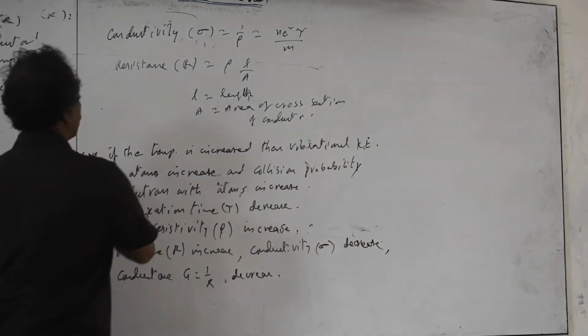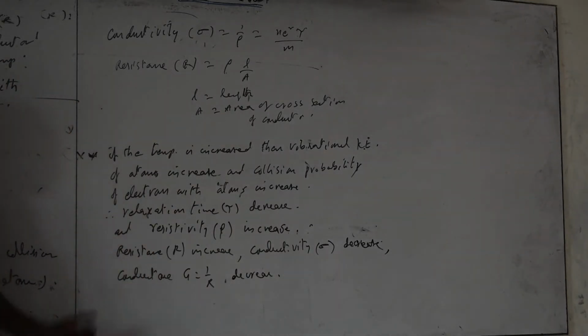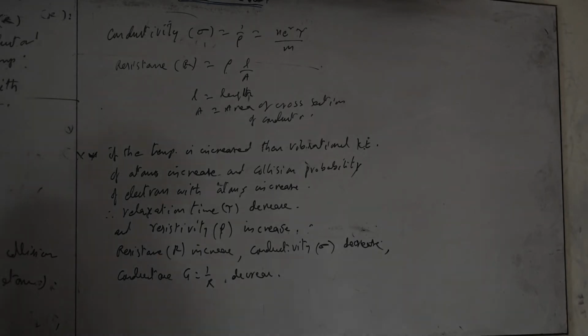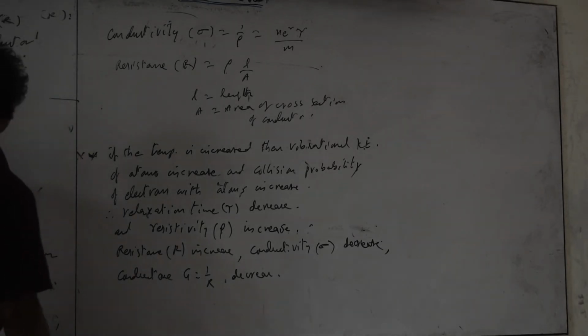This point is important for field theory. I am giving you for increase of temperature, they will ask for decrease of temperature also. Reverse of the cases. Same point I will write once again here.